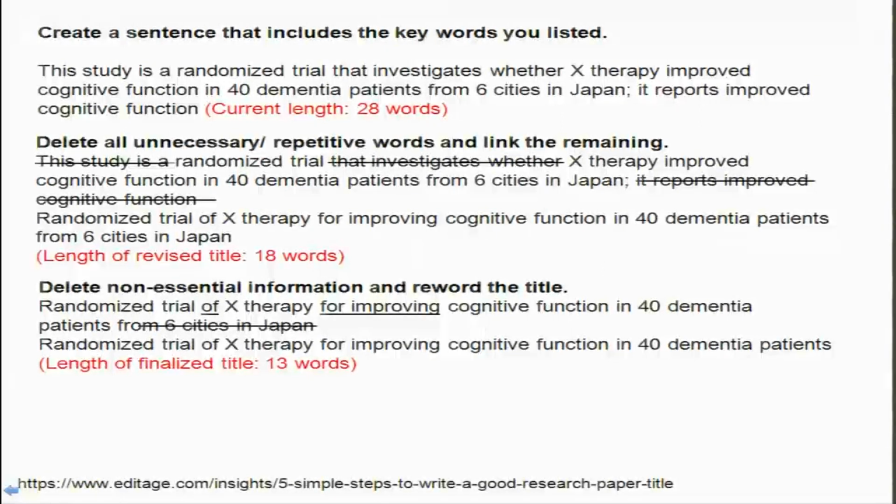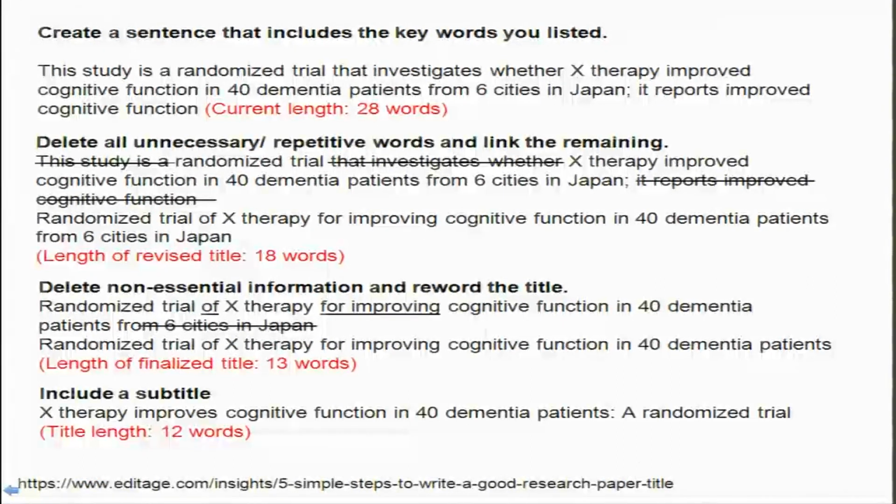Now you can remove, for example, maybe if it is not that critical, it doesn't matter whether it is from Japan or any other place, as long as you are convinced that a given therapy would improve the cognitive function in patients that are suffering with dementia, is good enough. Anybody who works on dementia would look into your article. So you can reword your title as randomized trial of X therapy for improving cognitive function in 40 dementia patients, right? 13 words.